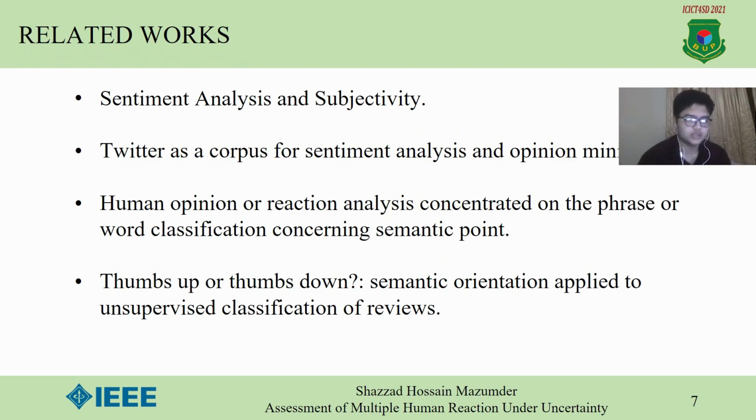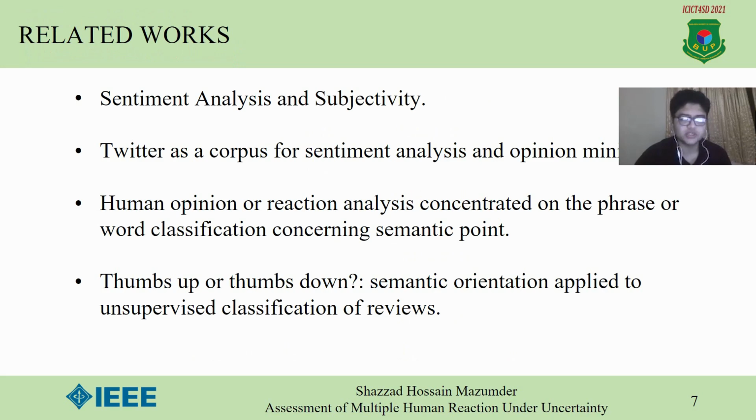Okay, here are some related research displayed on the slide. Most of them only focuses on the word classification according to their semantic view or semantic relationship between the words, which do not actually represent the actual reaction of the reacting user.